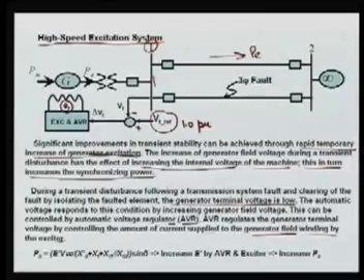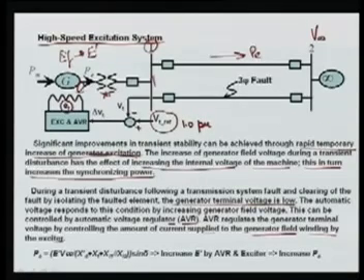You can see this PE is equal to E prime V, here this is your V, it is written here V del infinite. This is your EF. Here in this case, EF is nothing but your E prime divided by all these three here, your XT, and this is the parallel of XL1 and XL2.